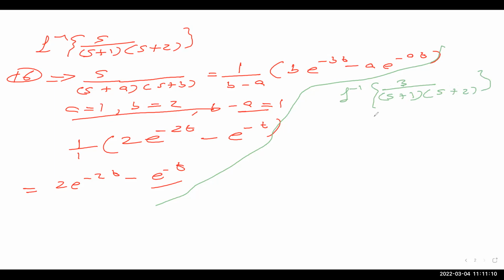For this we can use equation 15. 15 tells us that this is 1 over (b minus a) times (e to the minus at minus e to the minus bt).